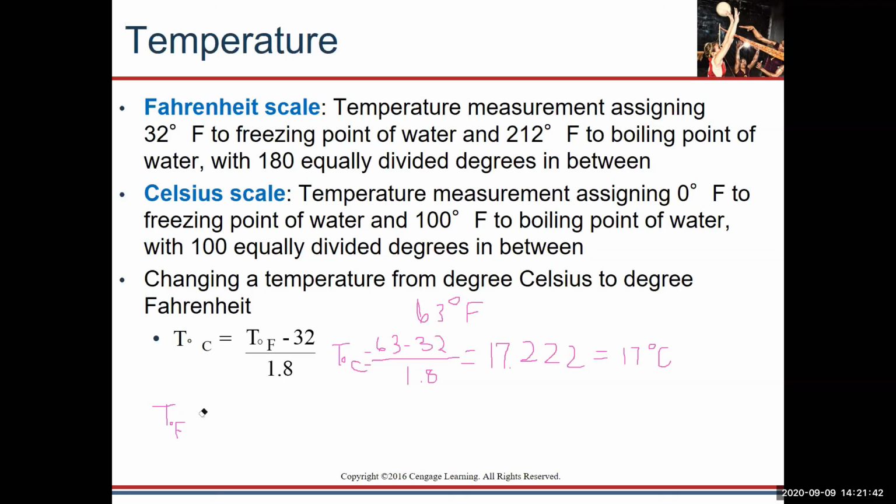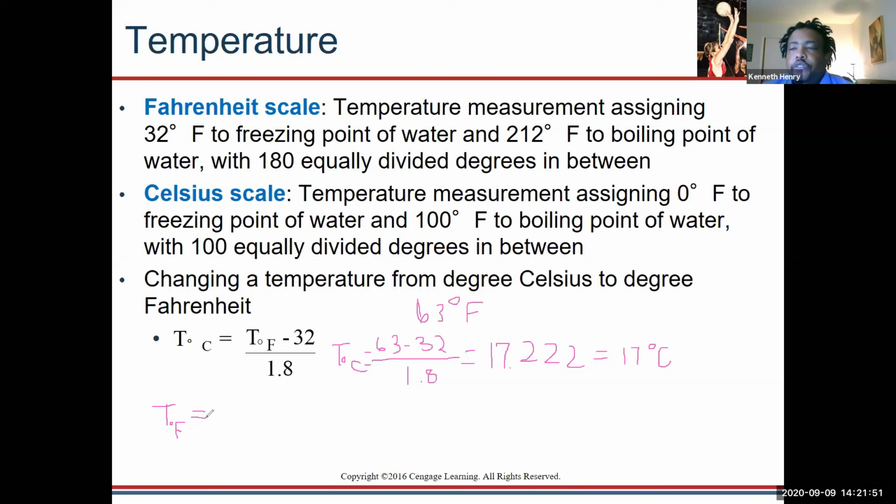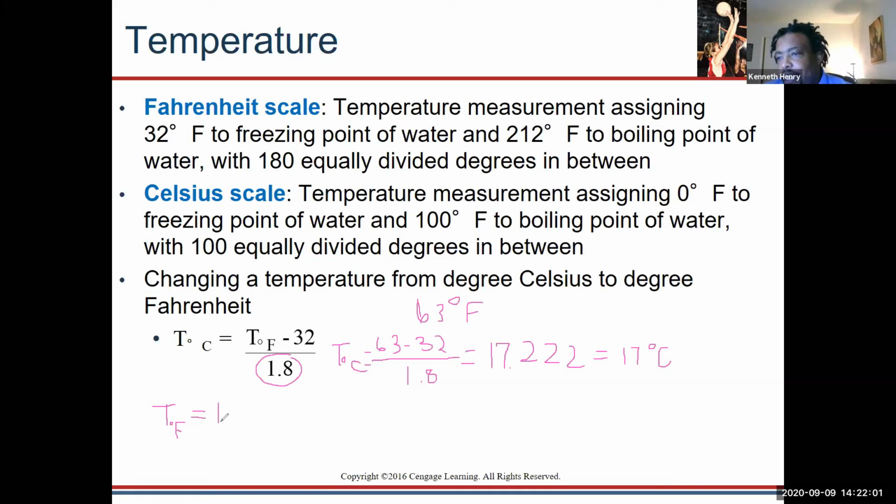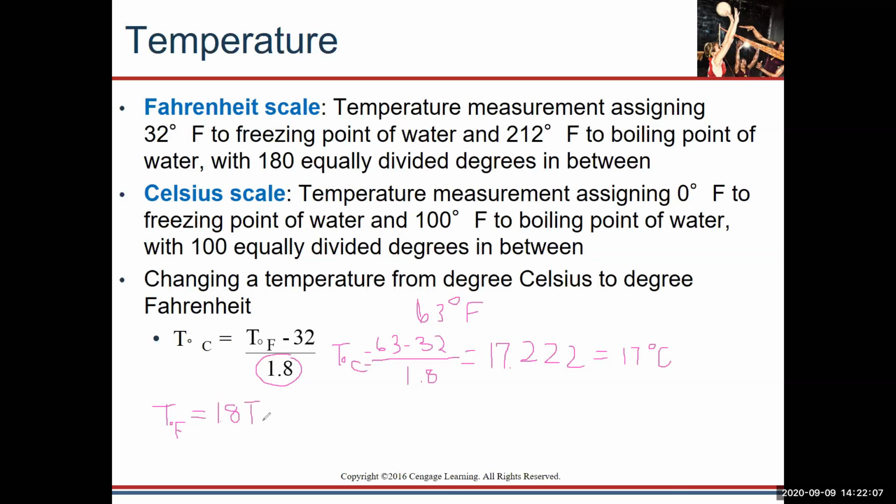Solving for TF. So I want to say TF is equal to... Of course, I erased all of the ones except the one I wanted. Okay, so what would my equation be? Do you multiply it by 1.8? So 1.8 times TC plus 32.